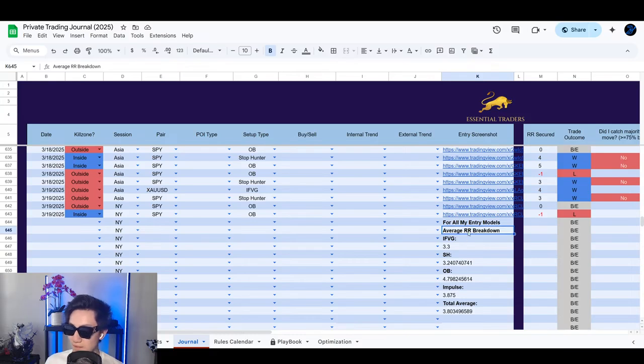And this is basically the risk reward average from my, well, I think the music is distracting. I'm going to turn off the music. But these are the risk reward averages from my entry models I teach within the course.